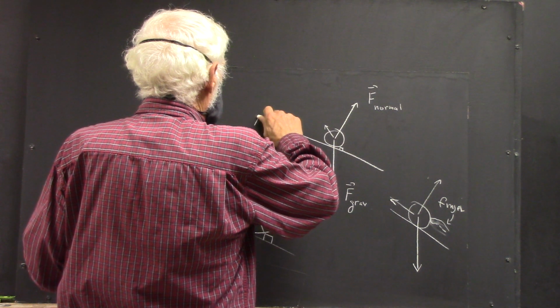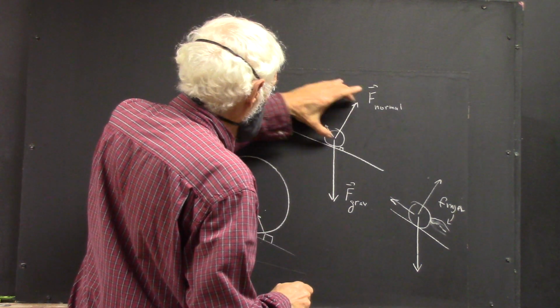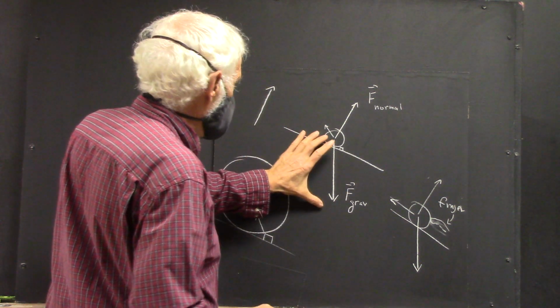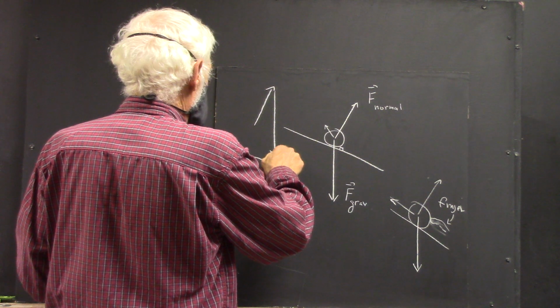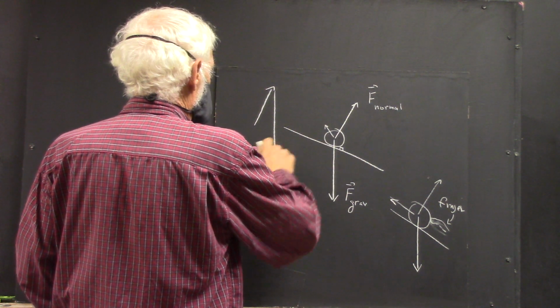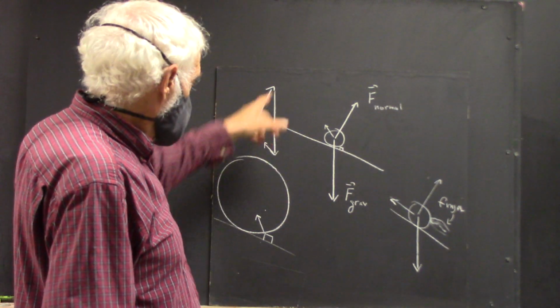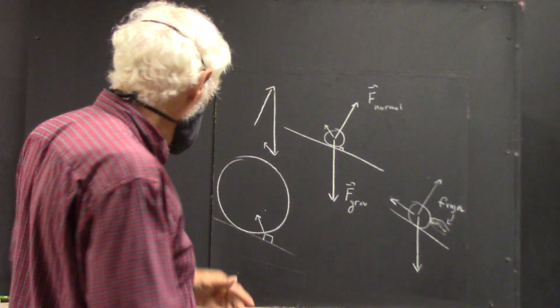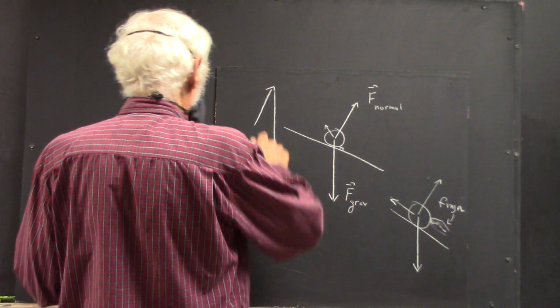Let's just draw the normal force here. Is that the same length? Pretty much the same. Gravitational force is down here, and this force is here. Well, they don't add up to 0. They add up to this force here.